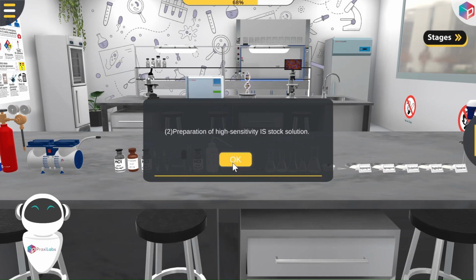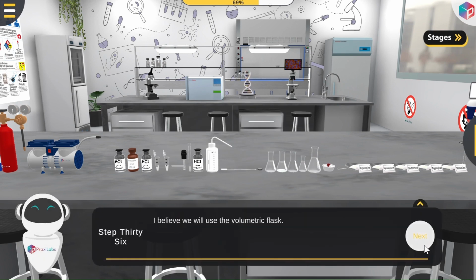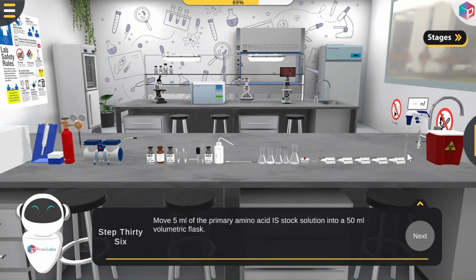2. High sensitivity internal standard stock solution. Step 36. Transfer 5 milliliters of the primary stock solution to a 50 milliliter volumetric flask.